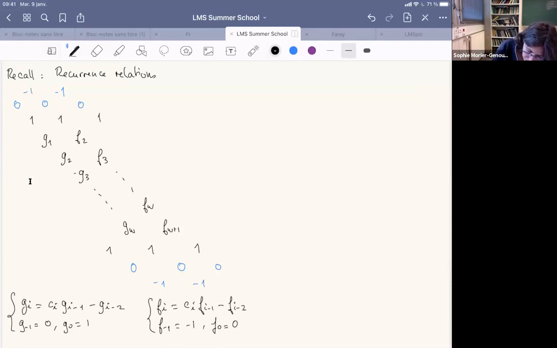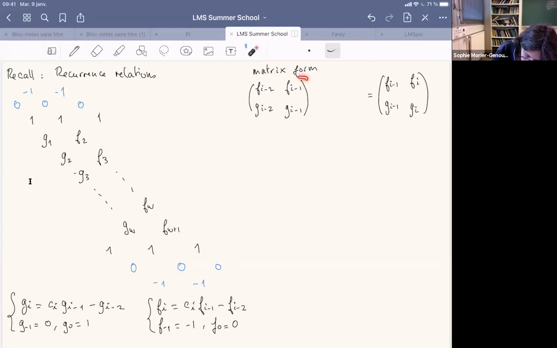So this recurrence relation, I can write in the form of a matrix. This means that for the values F_{i-2}, J_{i-2}, F_{i-1}, J_{i-1}, I can apply some matrix in order to shift the indices, to have F_{i-1}, J_{i-1}, F_i, J_i.